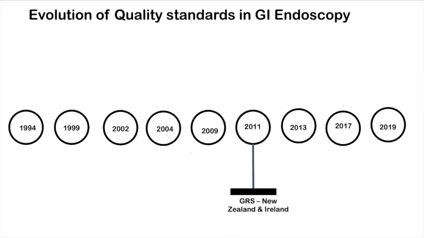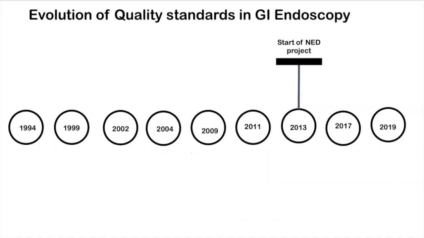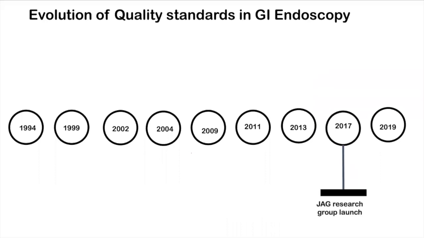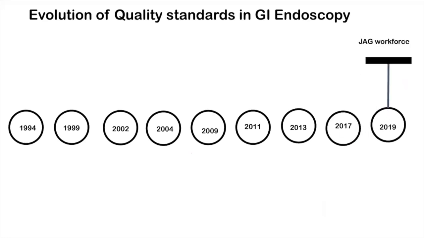Three years after, this moved on to New Zealand and Ireland. There's the start of the National Endoscopy Project two years after that, in 2013. By 2017, JAG had become a big research group system, and now it's a workforce. It is going to change even as we speak.